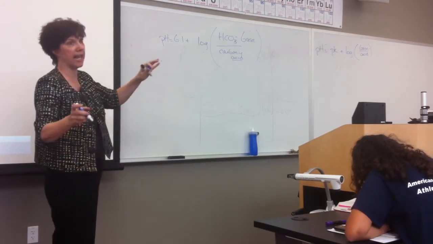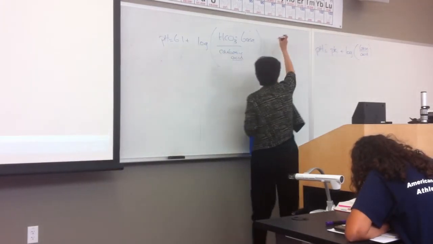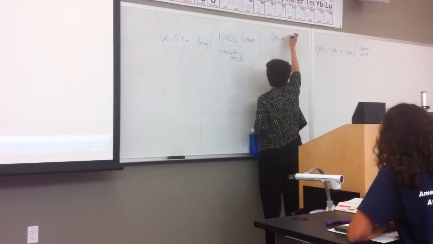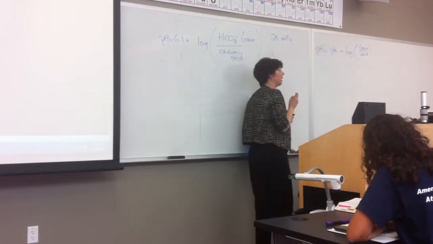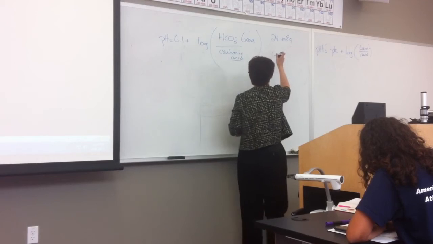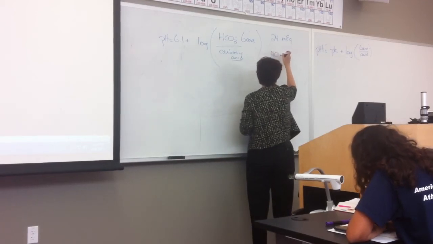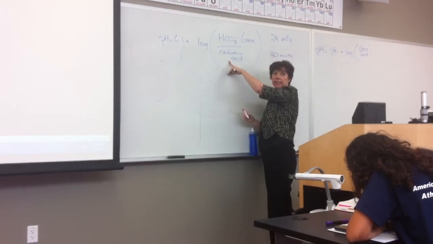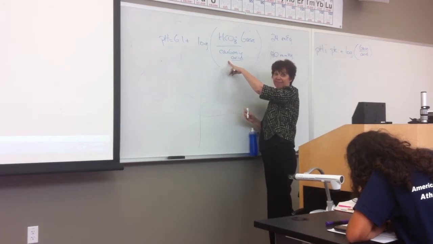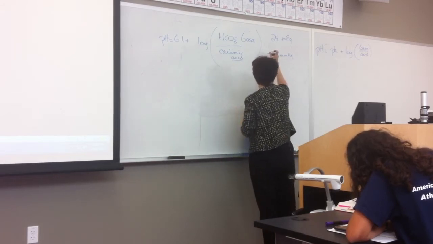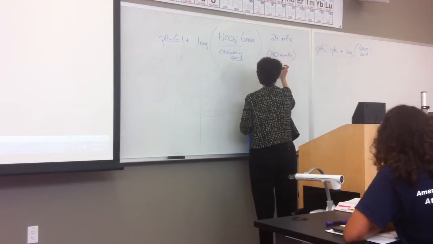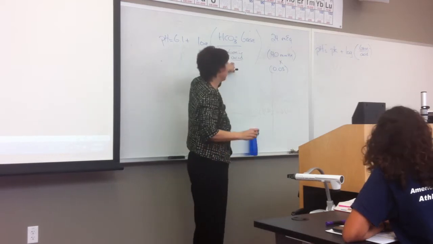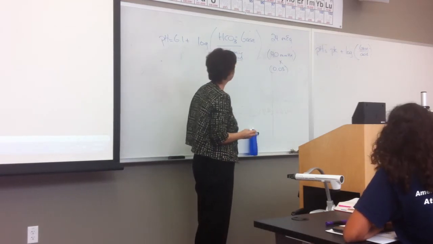Normal bicarbonate levels in arterial blood are about 24 milliequivalents per liter, I believe. That's bicarb. And normal PCO2 is 40 millimeters. Well, that didn't say PCO2, right? It says carbonic acid. So to convert the PCO2 to carbonic acid, we have to multiply it by a factor. That's going to give us our carbonic acid value.